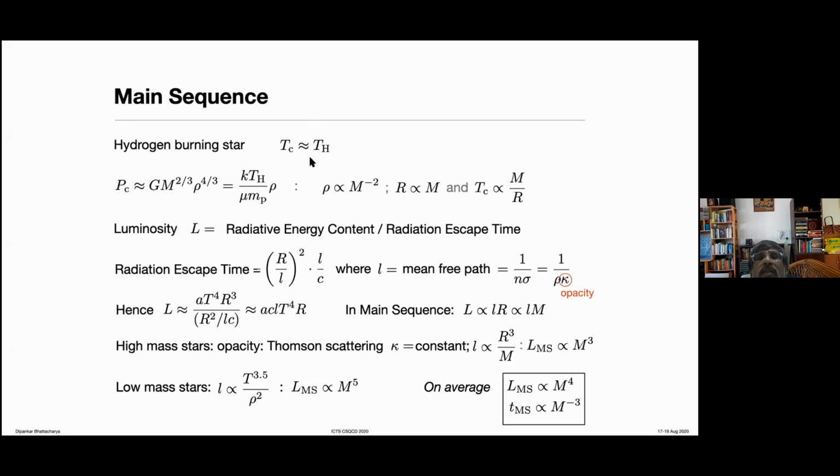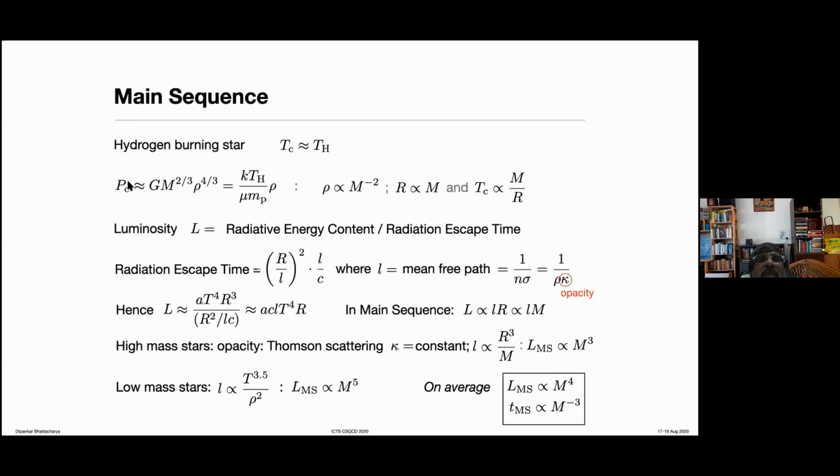There is a slight difference from lowest mass to highest mass. The central temperature increases a little bit going from lowest mass to highest mass, but they're by and large in the same bracket. So let's approximate that to be the central temperature to be defined as the hydrogen burning temperature on main sequence. So Tc is equal to Th.